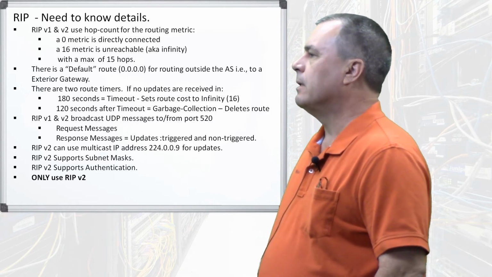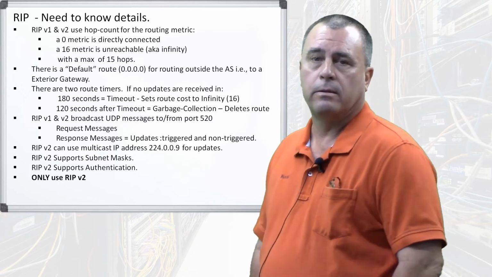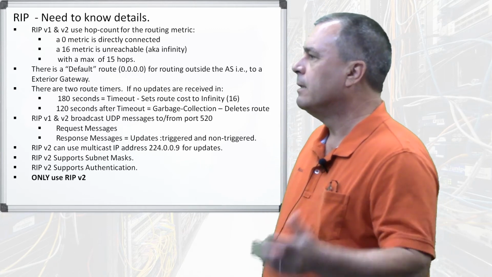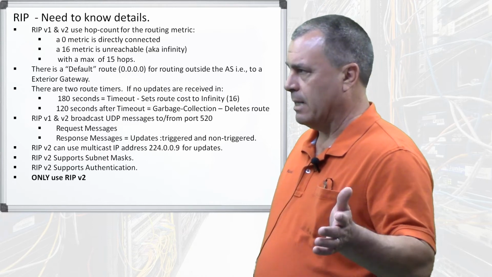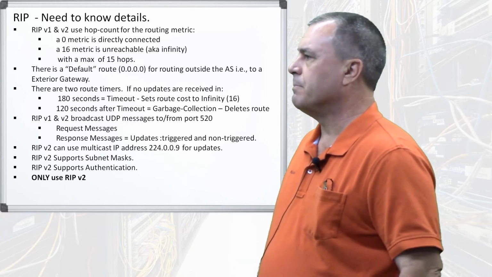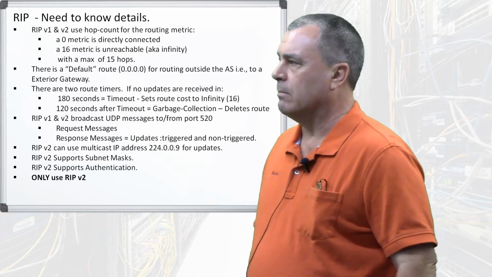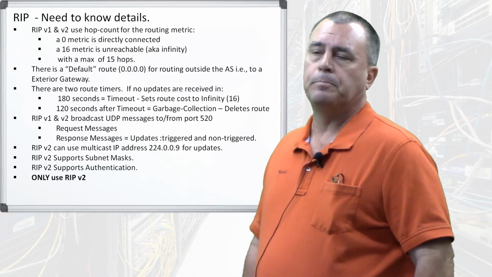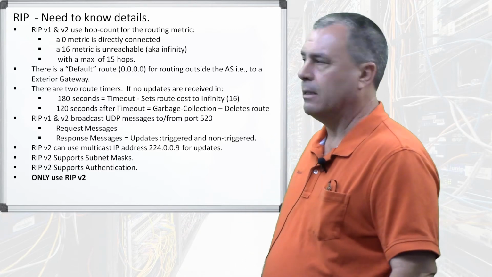RIP v1 and v2 use broadcast UDP messages to and from port 520, and that's how it does the request messages and response messages. RIP v2 can also use multicast, which is usually pretty common now.